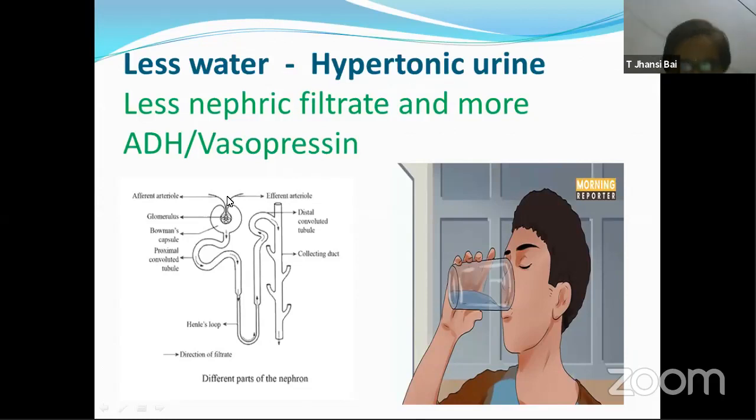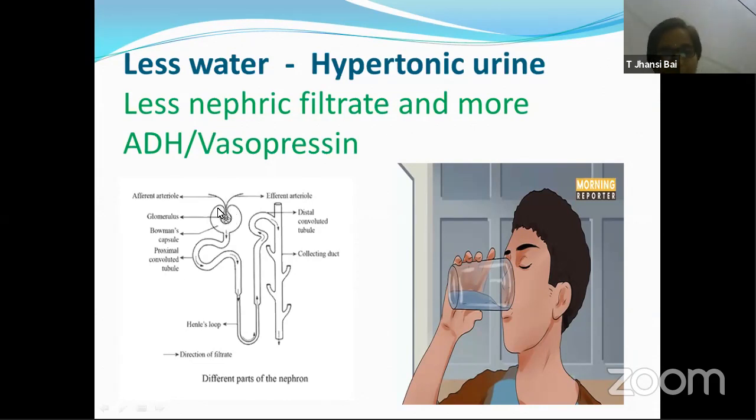So the first mechanism is that if you are taking less water, please listen with concentration. If you are taking less water, eventually the volume of the blood becomes less in our body. If blood volume becomes less, what happens to the pressure, the glomerular pressure?